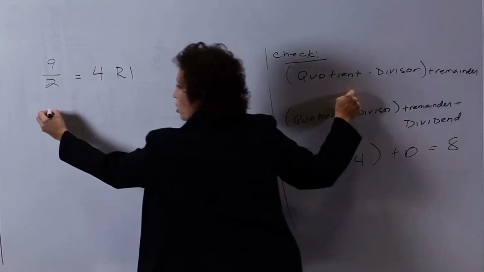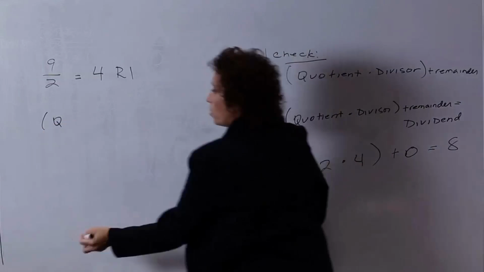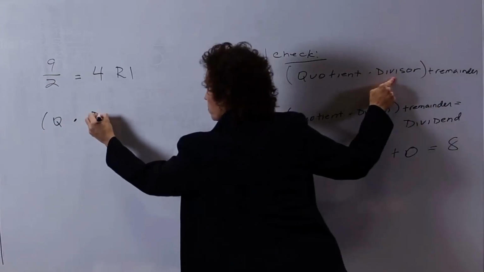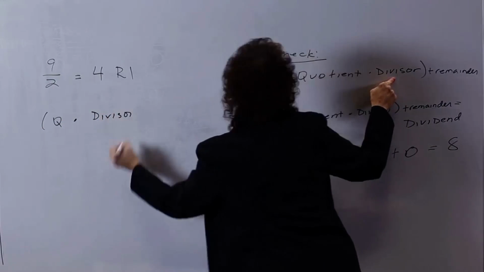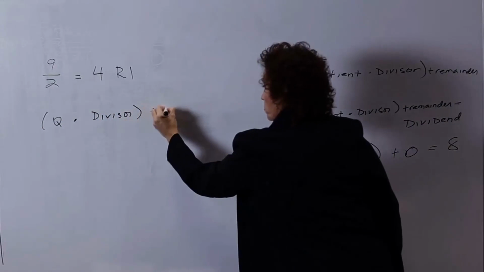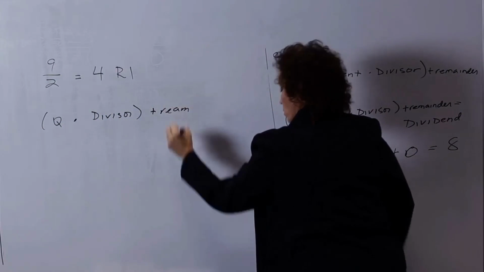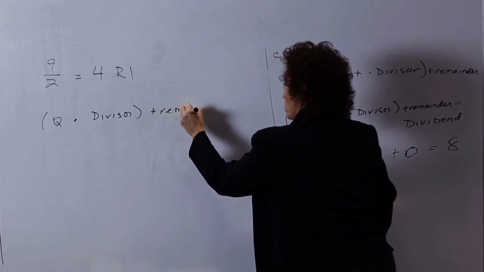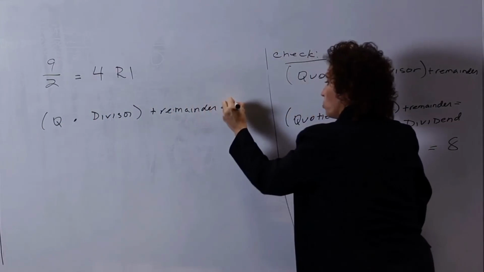So the check is the quotient, okay, times, I'm just going to do this a little shorthand, the divisor, plus the remainder, if I spell it right, equals the dividend.